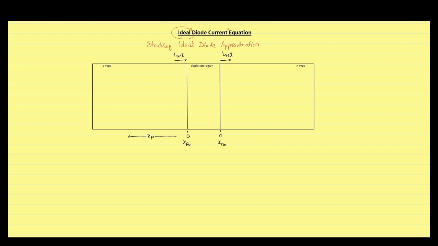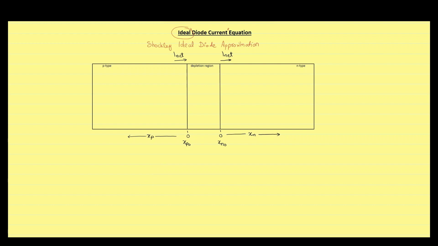And the opposite is true for xn, which is the distance from the boundary of the depletion region, and is positive if we move from left to right. It is quite strange, as in the Cartesian system, if we take one side positive, then automatically we take the other side negative. But here we have defined two different parameters, xp and xn, which are defined for different directions.